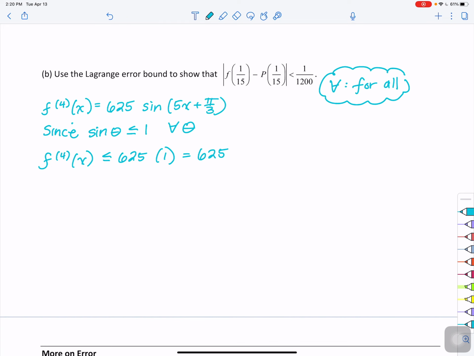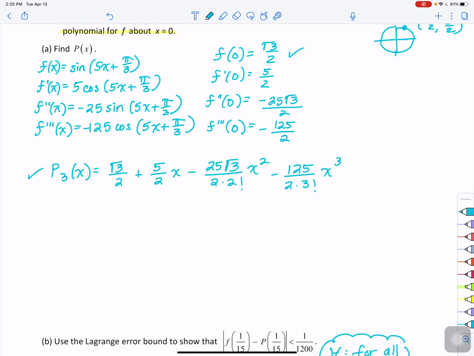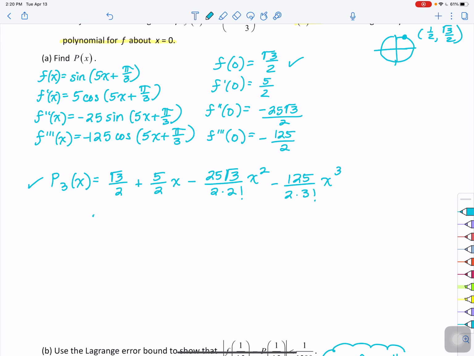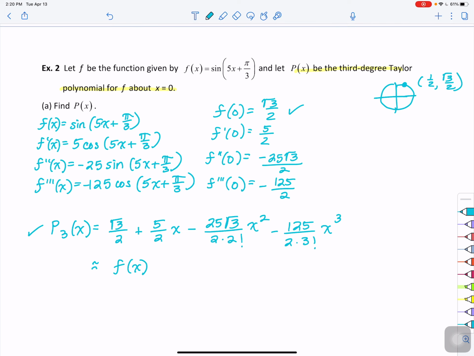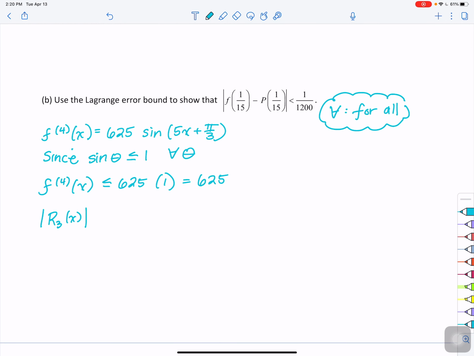Okay? So that remainder, after approximating with a third degree polynomial, this is actually about equal to f of x. That's what we were approximating. It is equal to the absolute value of the fourth derivative times x to the fourth all over 4 factorial.